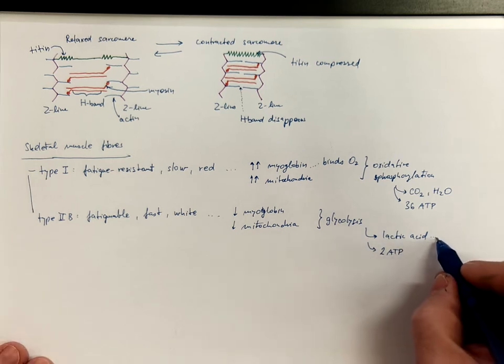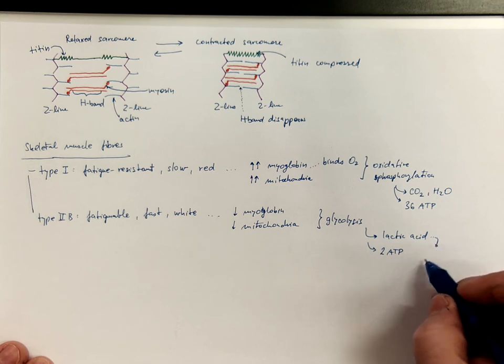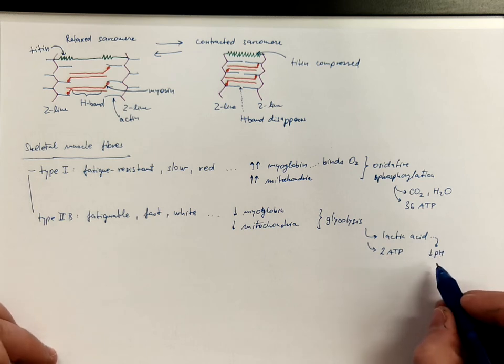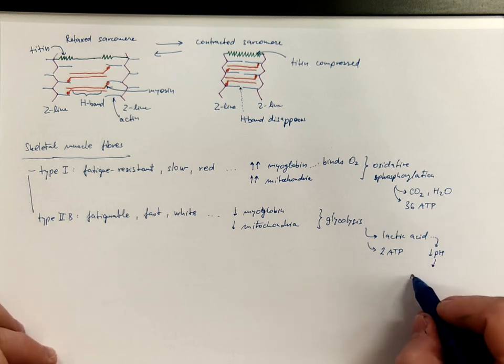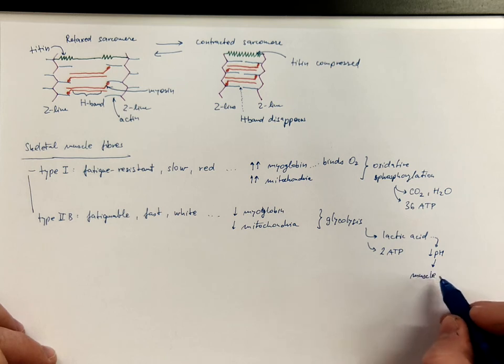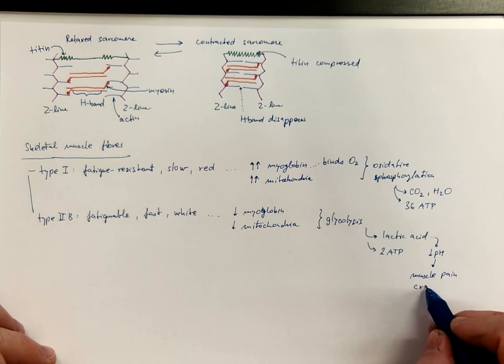The lactic acid, if it accumulates in the muscle, if it's not washed away by the blood, it lowers the pH of the muscle tissue, which we perceive as muscle pain or even cramps.